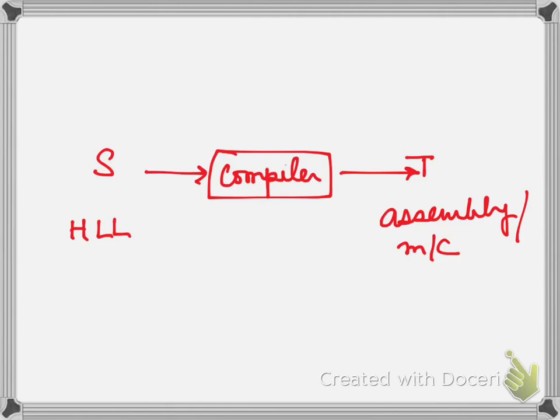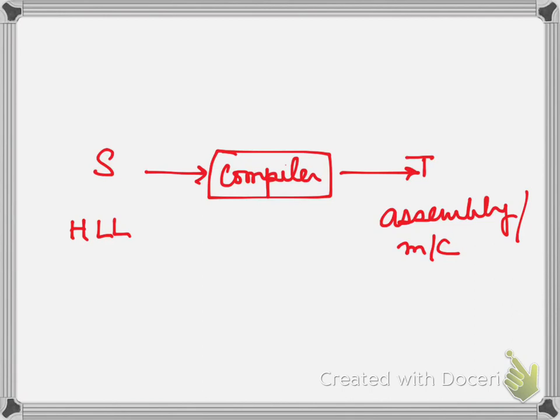Whereas the source language is usually some high-level language. Now this direct translation from a high-level language to machine language or assembly language is slightly complex. Also, you cannot make certain optimizations on the machine or assembly language if you directly do this translation.